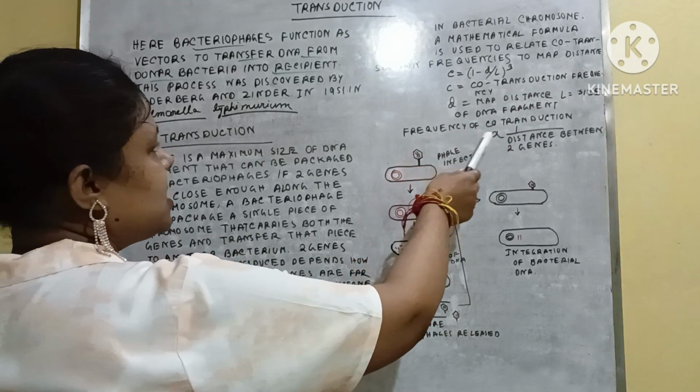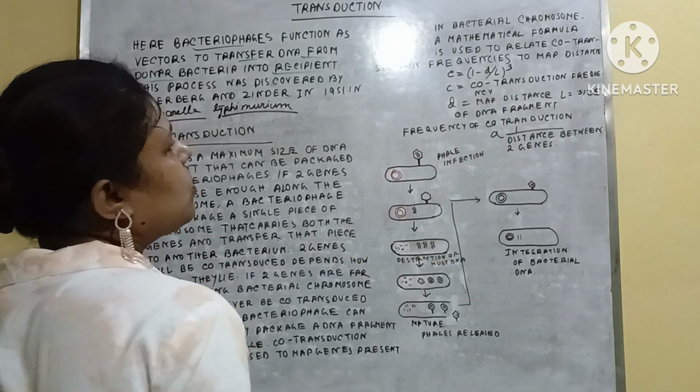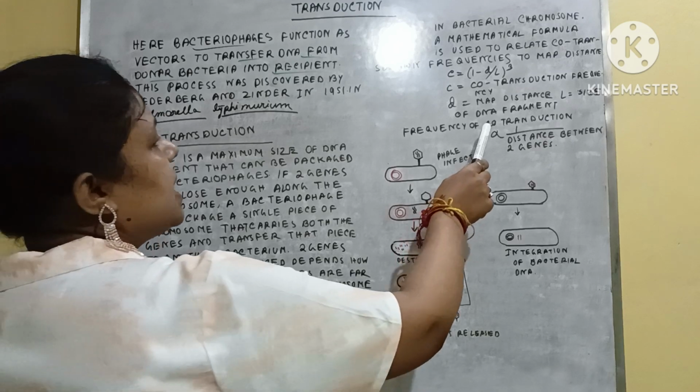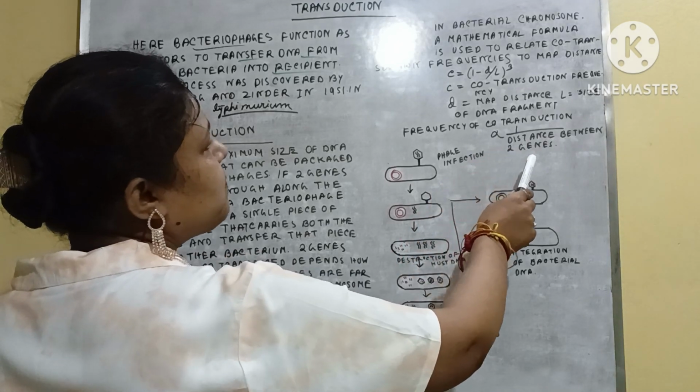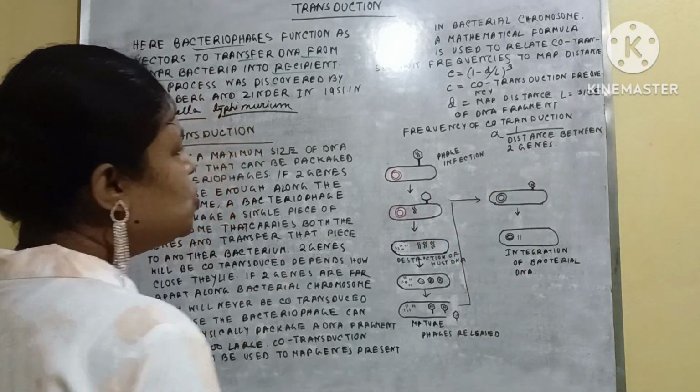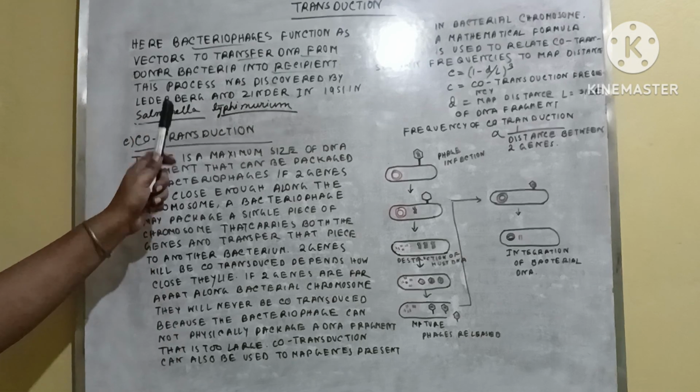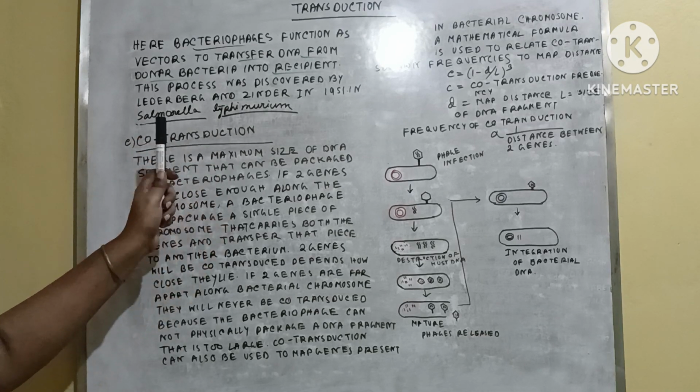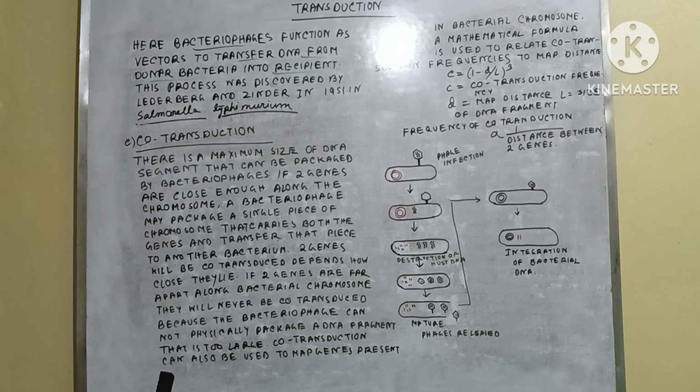The relation is that the frequency of co-transduction is inversely related to the distance between the two genes. Why is it called co-transduction? Because the two genes are packaged, behave like a single gene, and are transferred into the recipient bacterial cell.